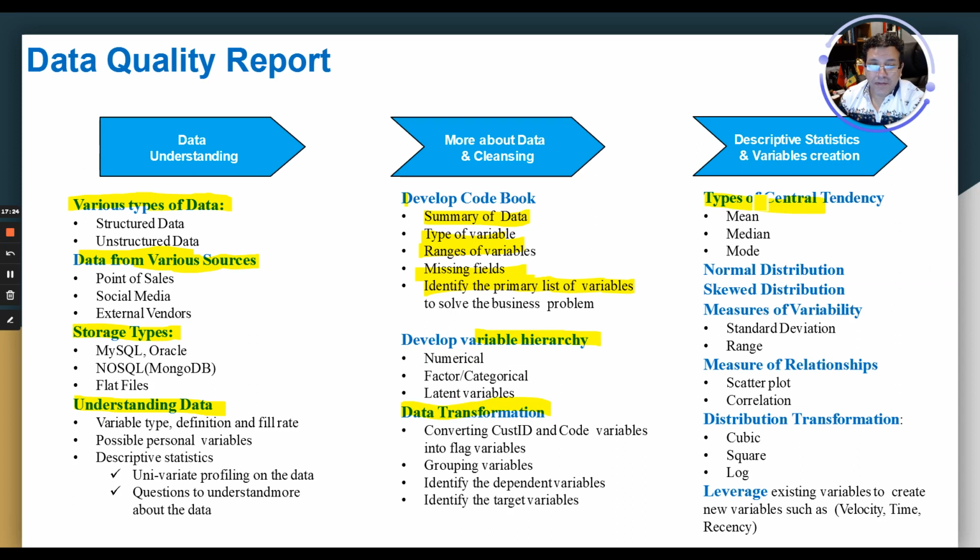Talk about central tendency, the mean, median, mode, normal distribution, skewness, measures of variability, measures of relationship, distribution, transformation, etc. It really depends on the case you are working on, but there are a few things you need to mention. Whatever you think you are going to need for the following phase, you need to document it. That is very important.